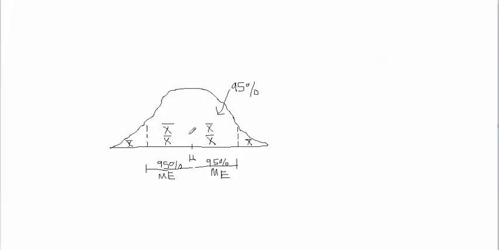And if I'm doing a study and I calculate the 95% margin of error, and let's say it comes out to 2.1, what that would be telling me is that when I take my sample from the population and I calculate my sample mean, 95% of the possible samples that I might end up choosing are within 2.1 of the population mean. 95% of the possible samples that I could get are in this area, somewhere between 2.1 below and 2.1 above the population mean.